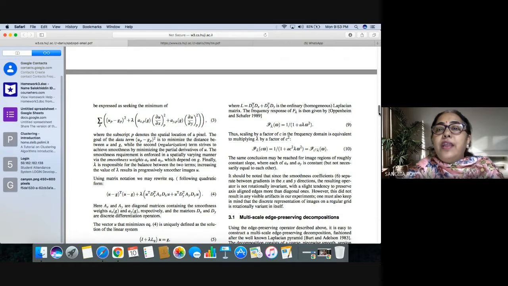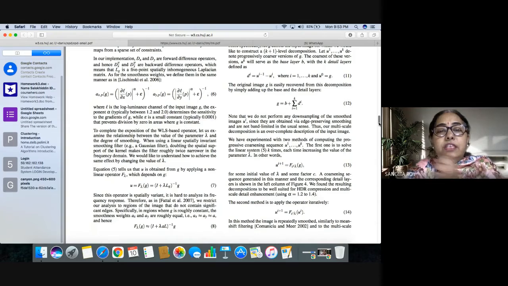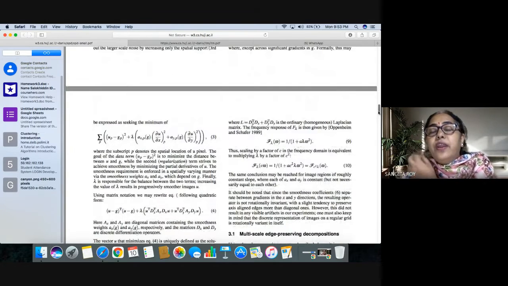So finally, taking the Fourier transform of equation 8, we get 1 divided by 1 plus alpha lambda omega square.